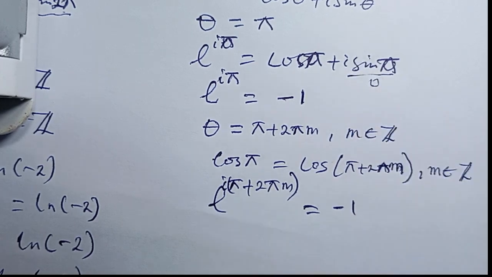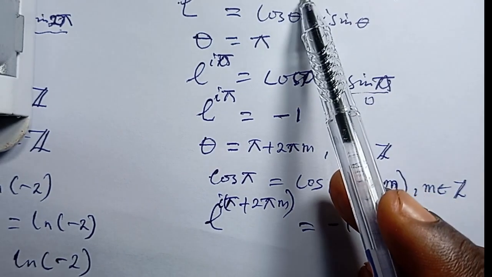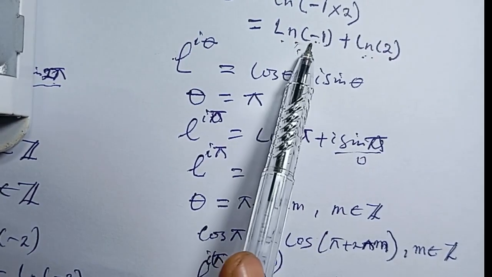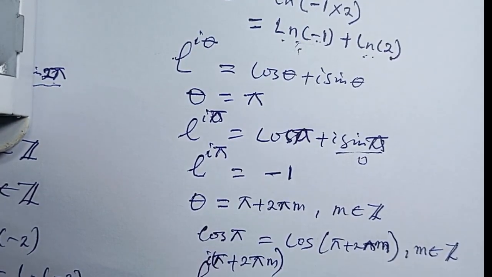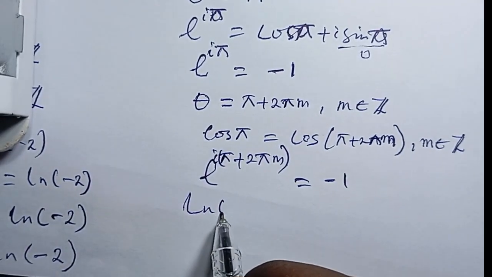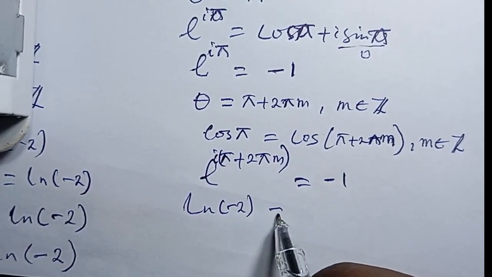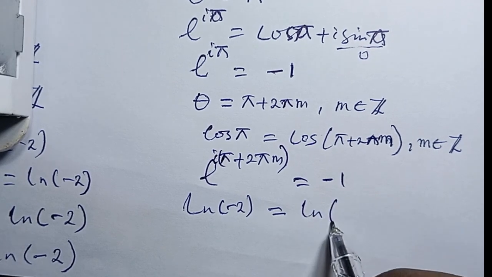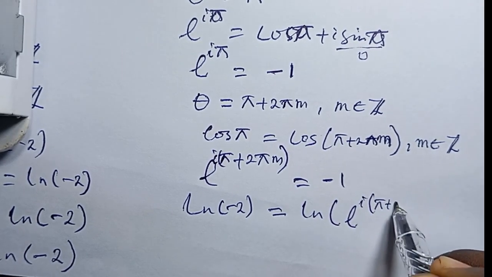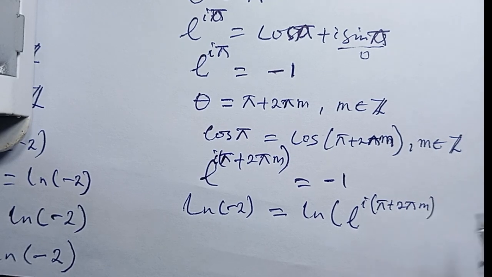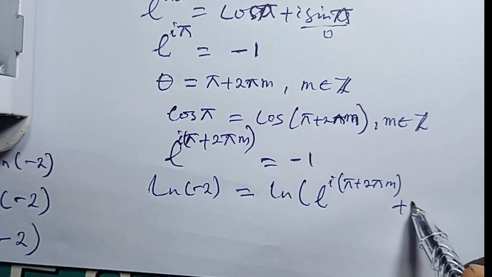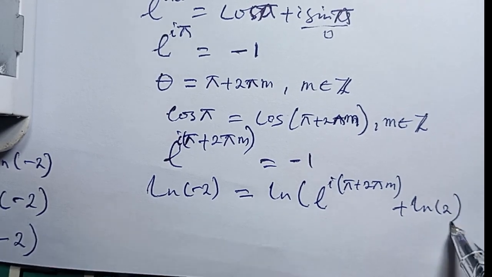So in place of this negative 1, we are going to replace it with this exponential equation, so that the natural log of negative 2 now becomes the natural log of exponential i times pi plus 2 pi m, plus the natural log of 2.